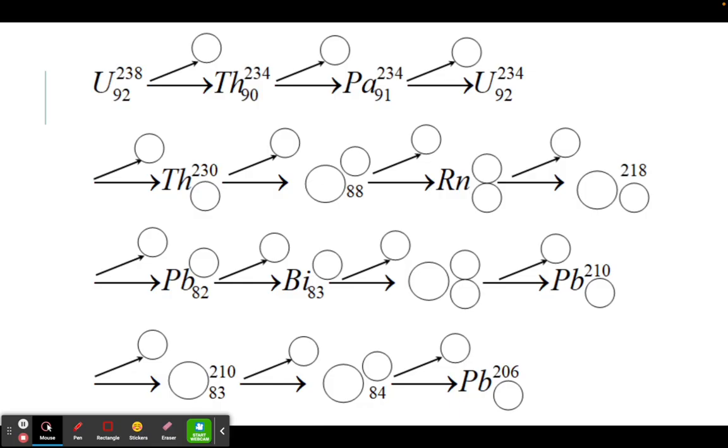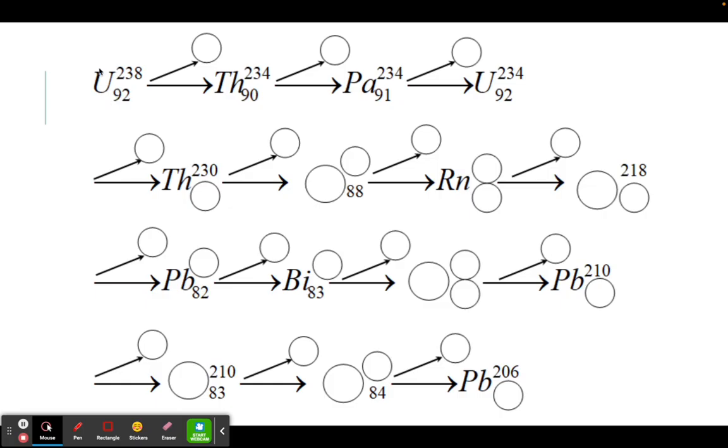So here's an example. You can copy this down as I'm going through it. Here you have uranium-238. These numbers are actually on the wrong sides, I don't know why they're there, but you have uranium-238. It has 92 protons.